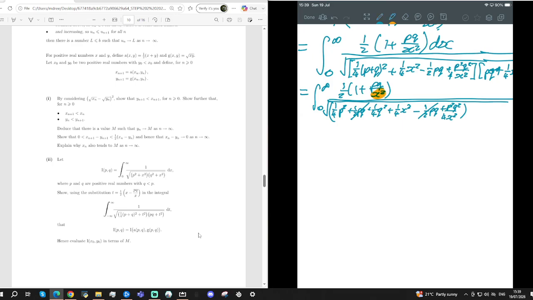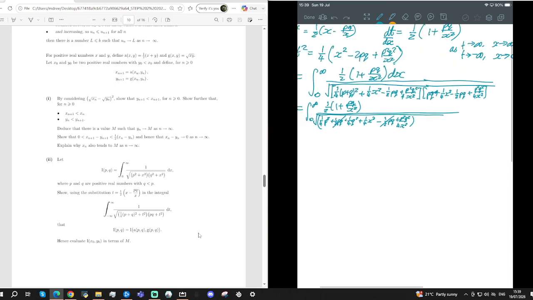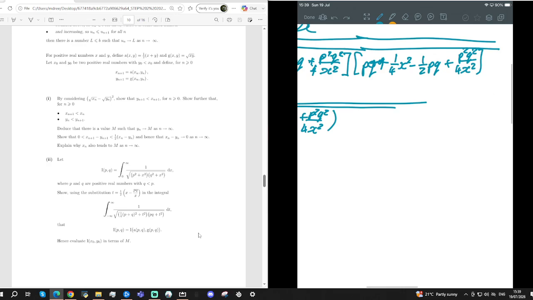I'm already thinking that this x squared and this half is going to come into the denominator to help me out. Now this other one also doesn't do anything too exciting. It's a quarter x squared plus now a half. Now this one does do something a bit more exciting because that's factorizable.